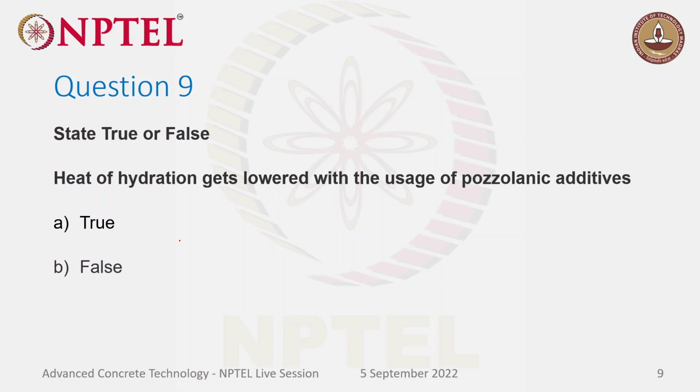Let me start the timer now. After a minute, we'll see the solution. So, can someone say reaction of cement with water is an exothermic reaction or an endothermic reaction?